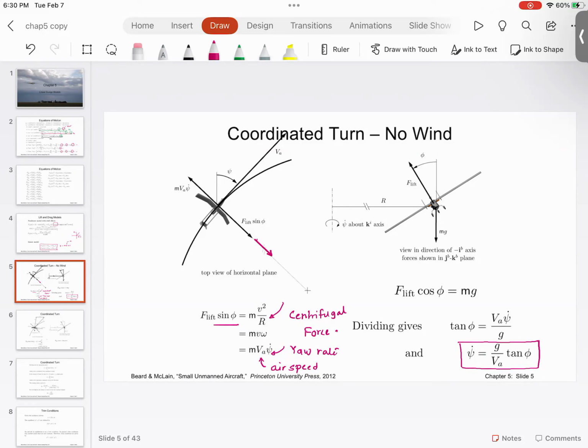The ground speed is equal to the air speed, that means the speed at which the aircraft is flying with respect to the surrounding air, and the wind speed that could be aiding or resisting. So this is the equation when there is no wind.